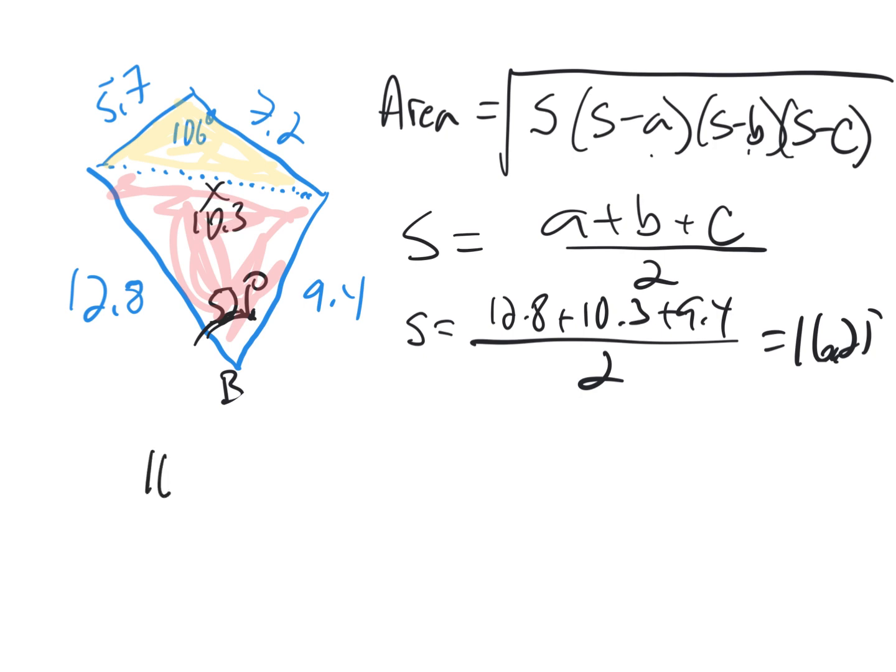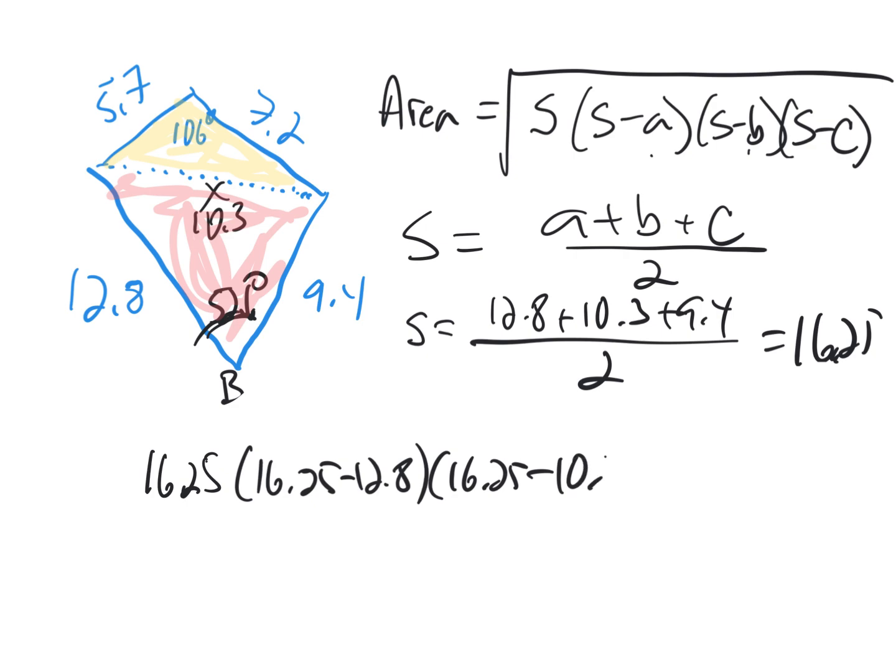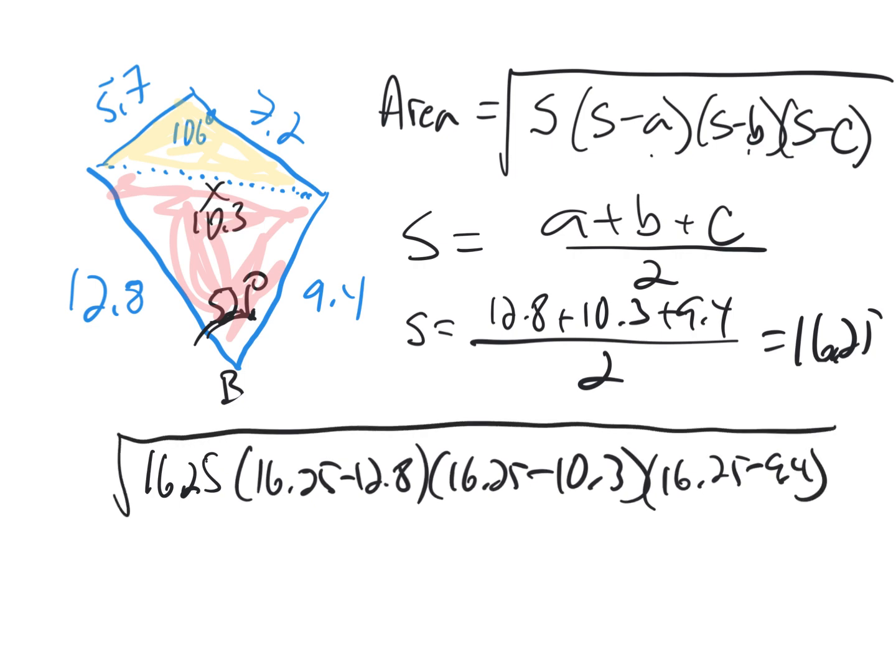So 16.25 is S. Now we're going to take each side length in this red triangle away from S. So we can do 16.25 minus 12.8, times 16.25 minus 10.3, times 16.25 minus 9.4. Once we get all those numbers, the product, we'll take the square root.